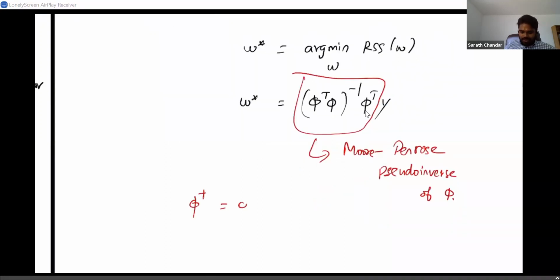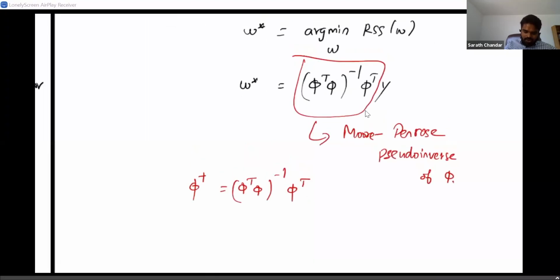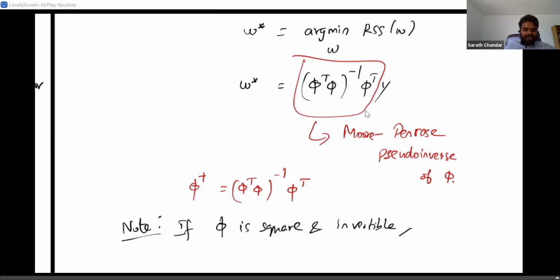Phi plus is given by (phi transpose phi) inverse phi transpose. A quick note: if phi is a square matrix and invertible, in that case, this becomes the exact inverse instead of the pseudo-inverse. So phi plus becomes phi inverse.